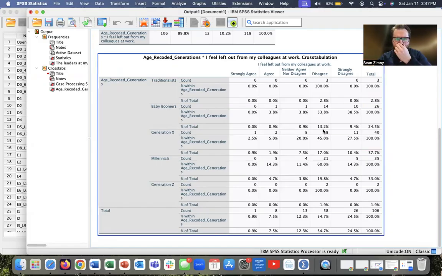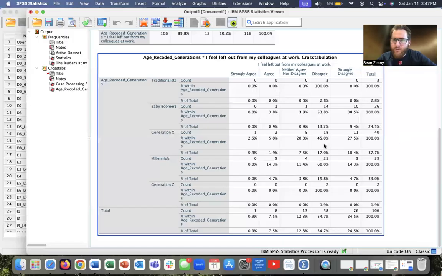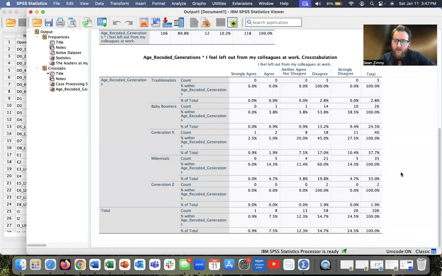So for example, I could say, in Gen X, let's say 45% of Gen Xers disagree and 27% strongly disagree that they feel left out of their colleagues at work, compared to 60% and 14.3% of millennials agreeing and strongly agreeing.